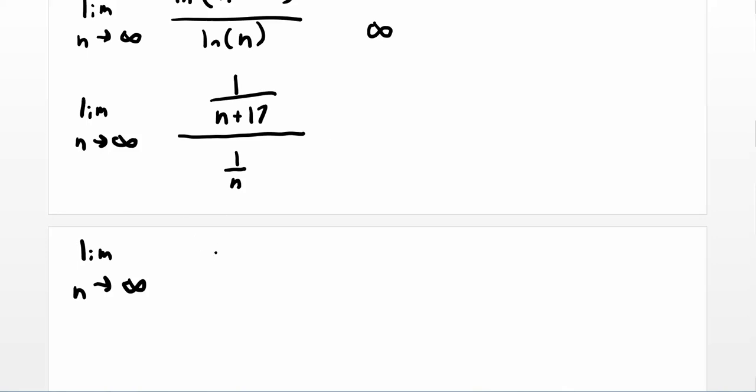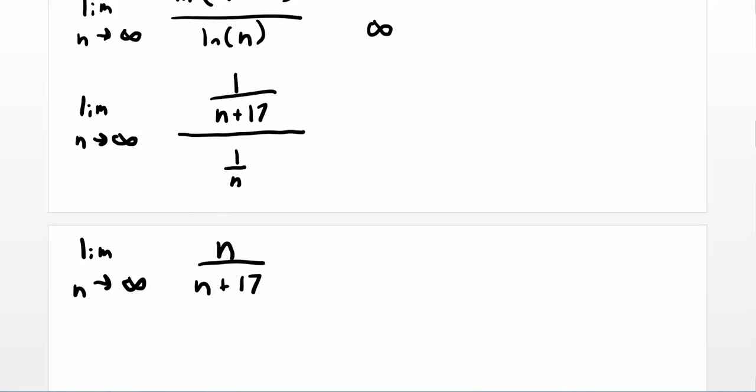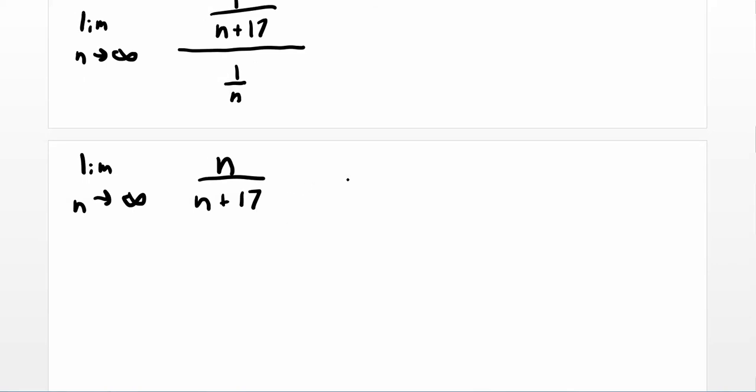So this becomes n over n plus 17. And we're going to take the limit of this instead and get 1. So our limit is 1. It is not 0, therefore the series diverges.